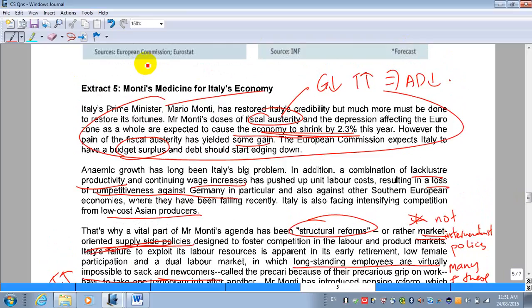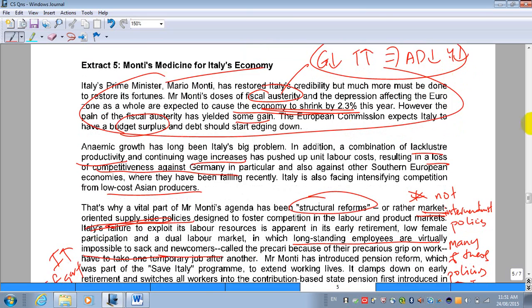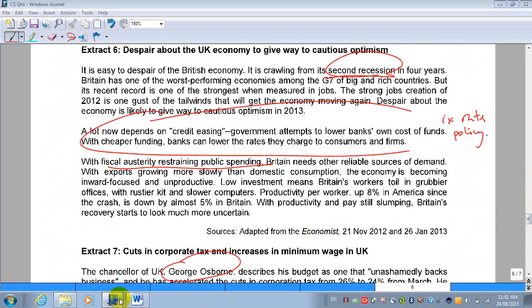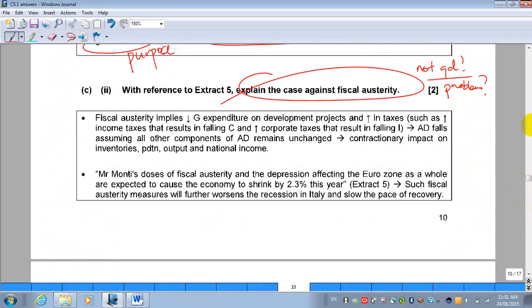Therefore, it is clear that they want you to talk about how with G falling and T increasing, it can cause AD to fall and real national income to fall, causing a recession, causing the economy to shrink by 2.3% during the year. Please be clear about this. And so that is the case against fiscal austerity, that it might cause a recession, and therefore maybe fiscal austerity should not be used, right?